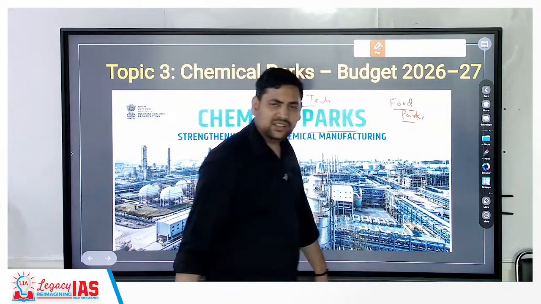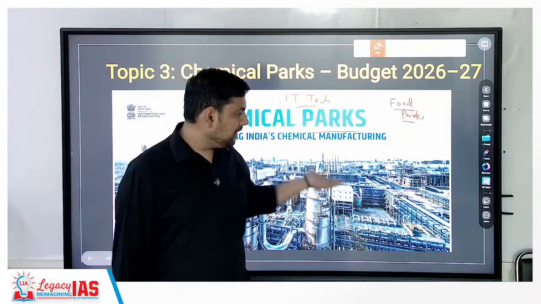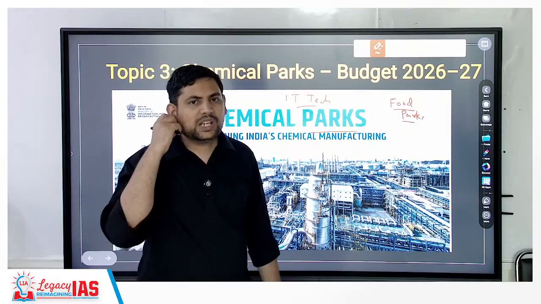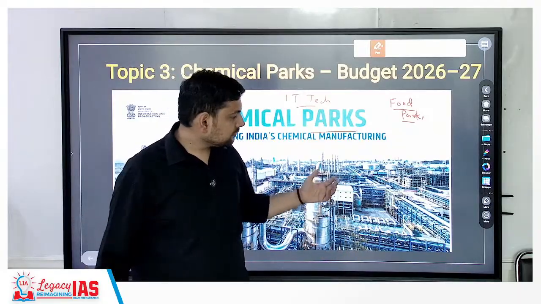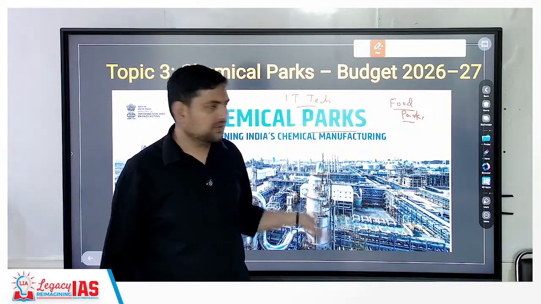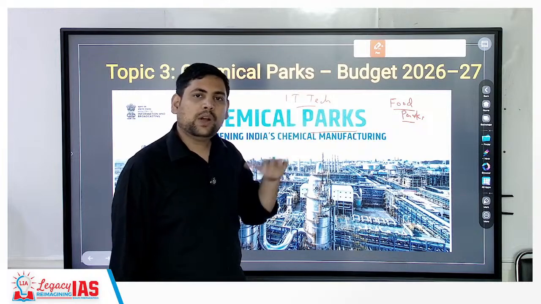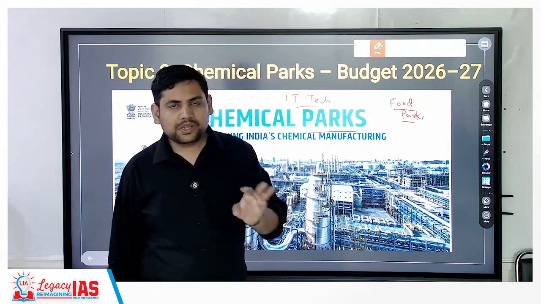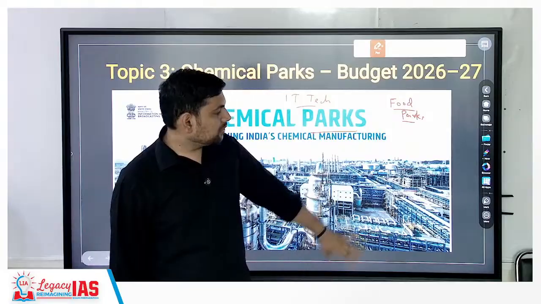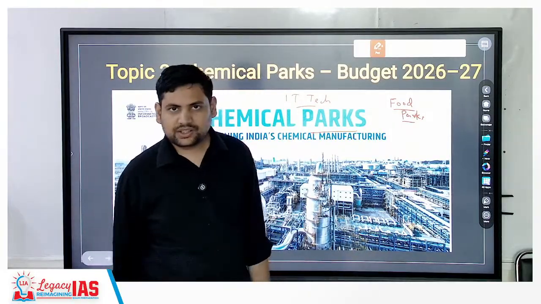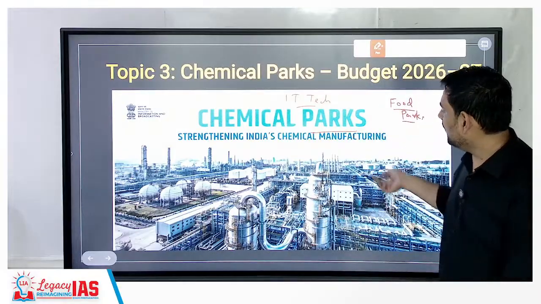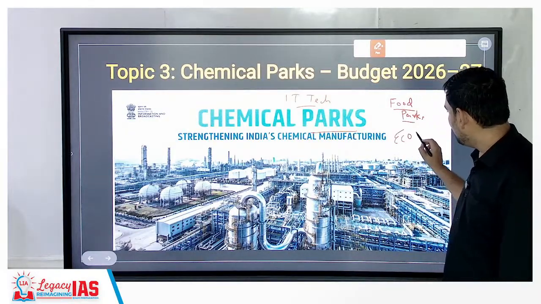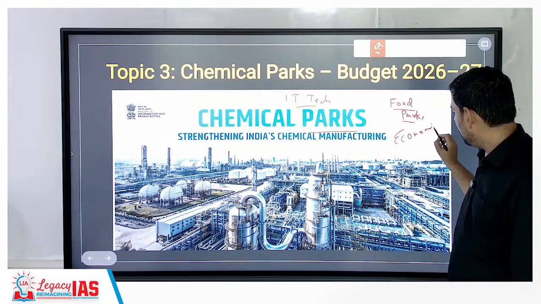Parks are nothing but a place where many different industries of the same field can come together. So for example, chemical parks will allow many different companies of the same field to develop a cluster like this. This is very helpful because it helps any sector to achieve something called economies of scale.